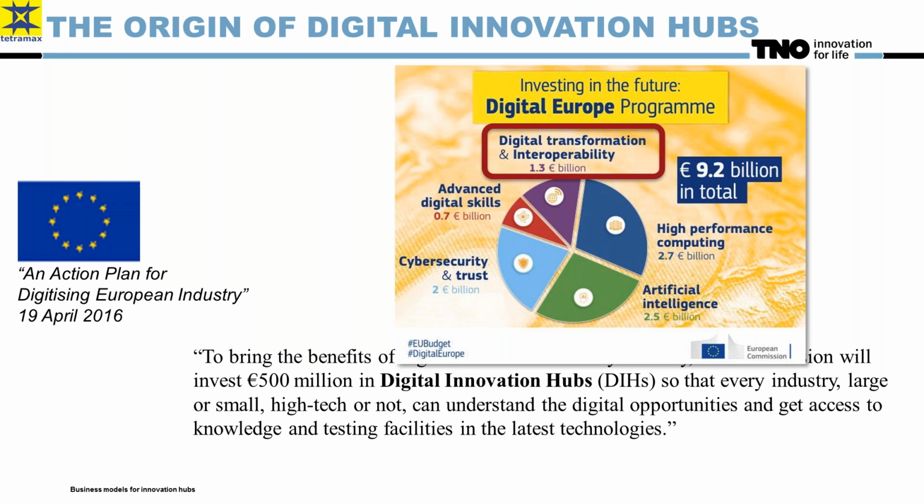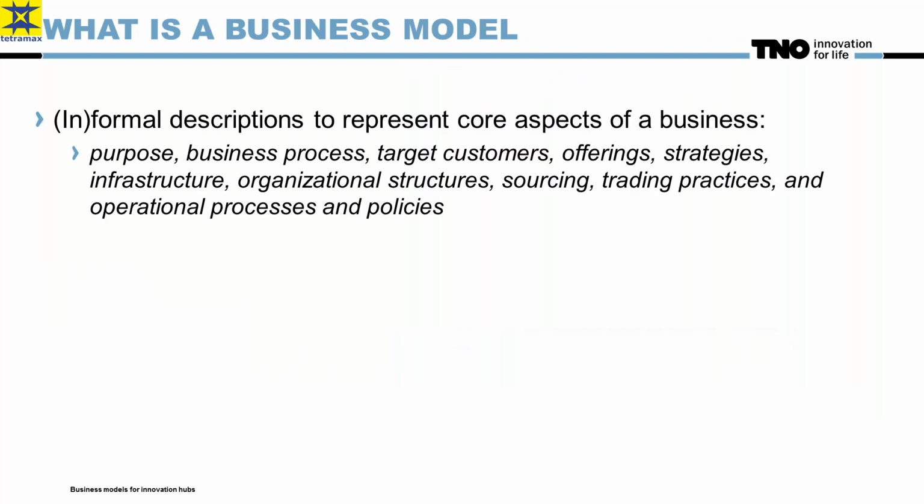And I can tell you that in the future, the Digital Europe program will also set aside quite a lot of money, and this is a preliminary view, to develop a digital transformation oriented digital innovation hub network throughout Europe. So 1.3 billion is quite a little bit of money. So this is where the Digital Innovation Hub comes from and where it will also go to.